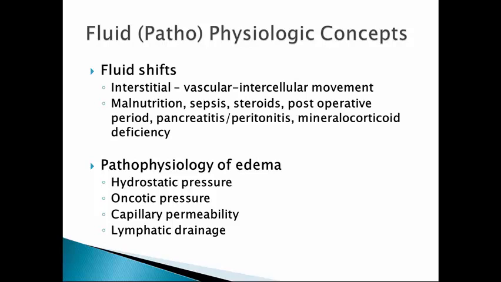So think about normal saline. Normal saline is 0.9 sodium chloride. That is an isosmolar or isotonic solution, so it's the same tonicity, osmolality as plasma. If you put something in normal saline, that becomes a hypertonic, hyperosmolar solution.